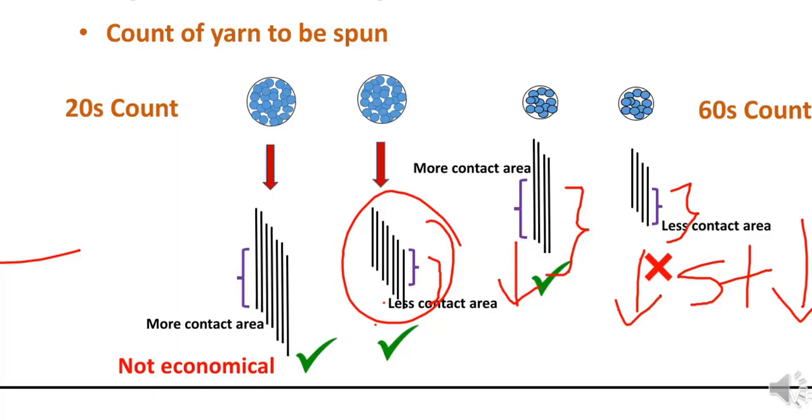Hence, for spinning finer counts, we cannot use short fibers. This is how fiber length decides spinability in terms of count to be spun. Short fibers, keep them for spinning coarser counts, while longer length fibers have to be reserved for spinning finer counts.